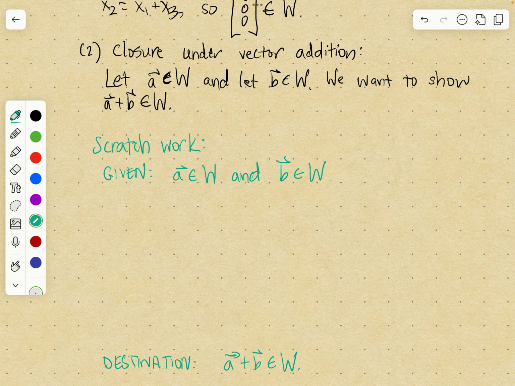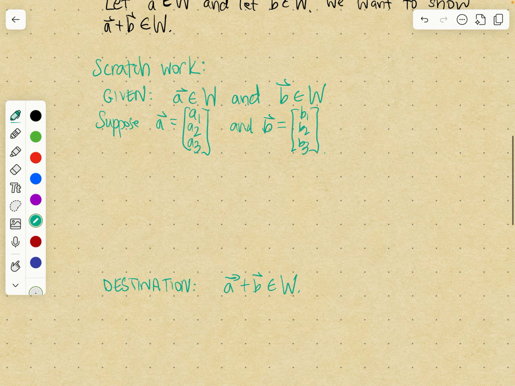So what we should do is work with the components of A and B. And so we should say, suppose that A has components A1, A2, and A3, and B has components B1, B2, and B3. What this sentence is doing is we're just introducing the notation for the components of the vectors. And what do we want to show about these numbers, A1, A2, A3, and B1, B2, and B3?